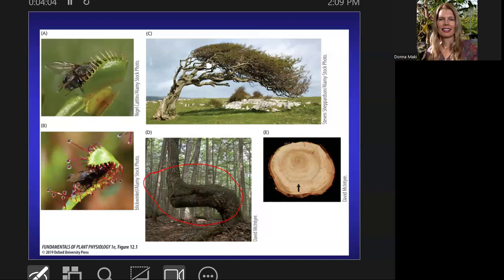Another option might have been that there was something laying on top of it in that area of the trunk as it was growing, and it caused it to do that kind of bending around it. And then whatever was on top of it was taken away or moved away. Anyways, can you tell what might be going on here?